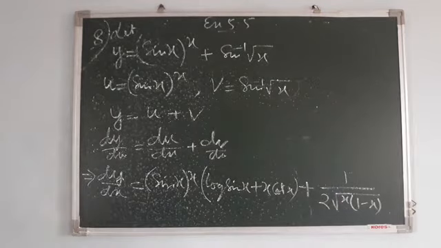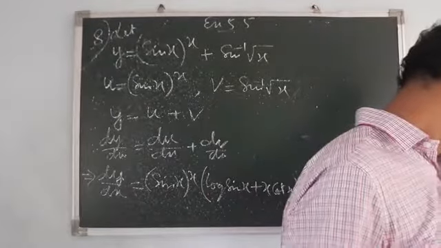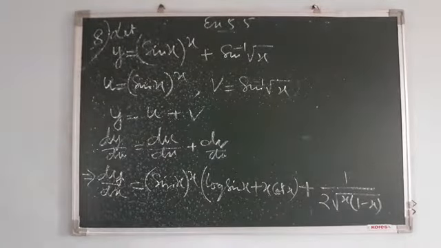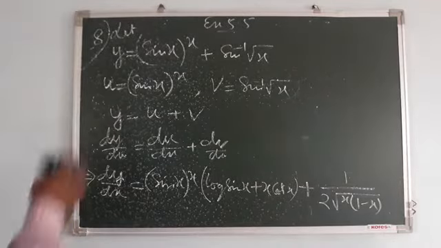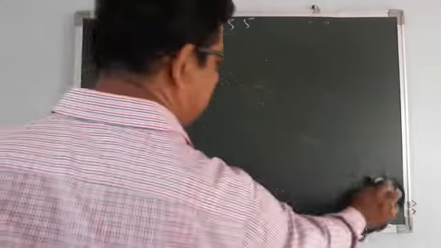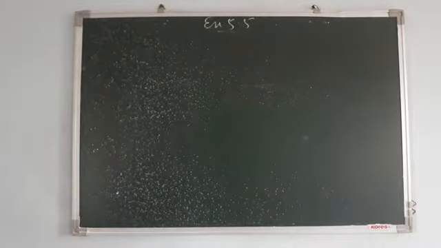Now we will go for question number 9. Here the technique is the same and we will use the same form in all the cases. I am showing maximum sums on the board only with the intention that you have no problem in writing.